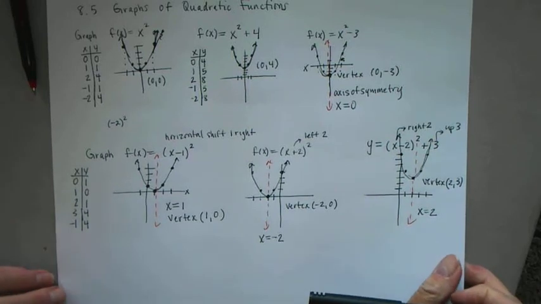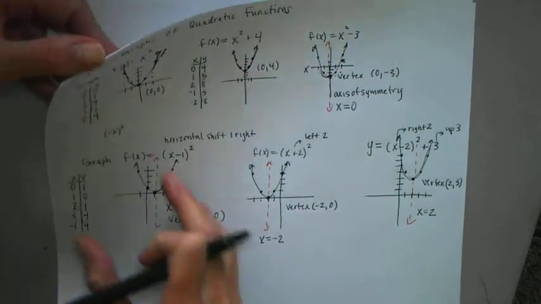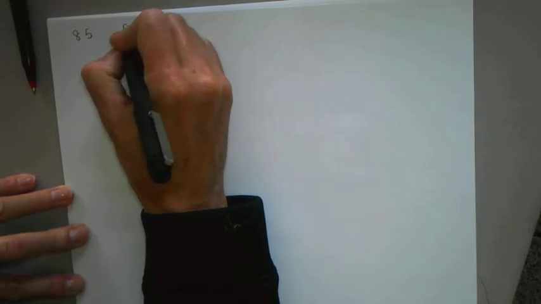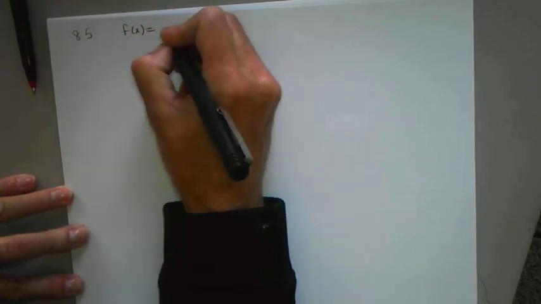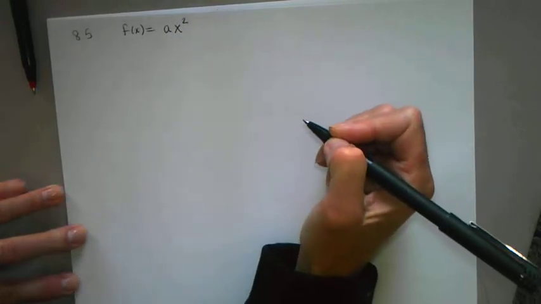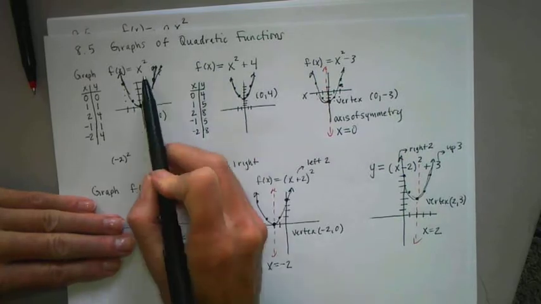But here is what they'll do to make it a tinge bit harder. They can give you what is called a vertical stretch or shrink. And that is when, this is still 8.5, that is when you see something like this. Anything, a number, times that x squared. Notice in all of our examples, we just had x squared, didn't we?